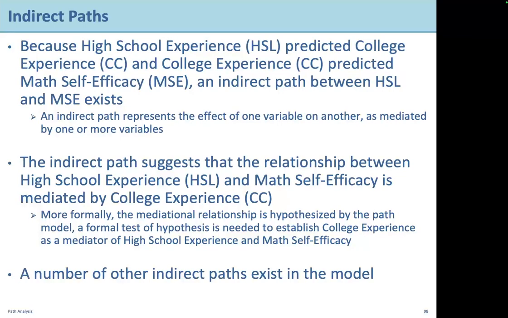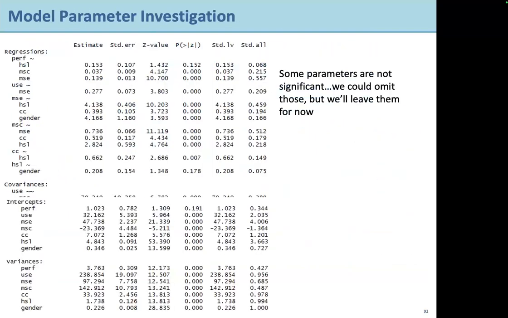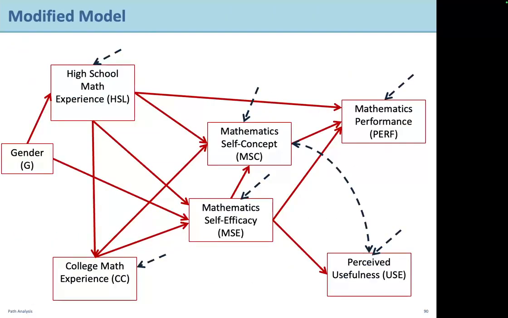An indirect effect is one where, for instance, let me walk through it, right? High school experience predicted college experience, and college experience predicted math self-efficacy, right? So if we go back to our path diagram, high school predicts college, college predicts math self-efficacy. Now, high school predicts math self-efficacy, but think of it this way, right?